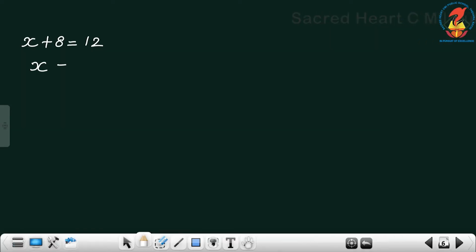So x is equal to, what is given on the right hand side, you have to write first, 12. 8 is added here, positive 8. When we transpose positive 8 from left hand side to right hand side, addition becomes what? Subtraction. 8 is subtracted. So 12 minus 8, which is equal to 4.